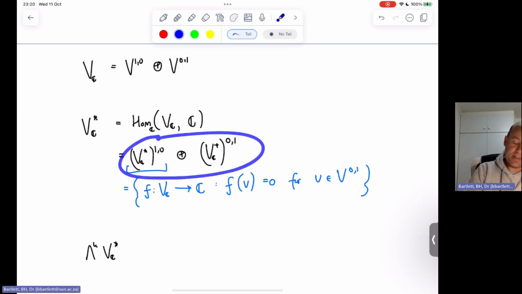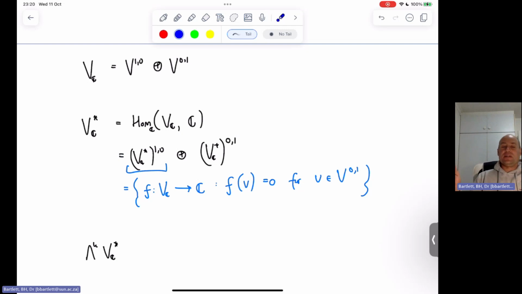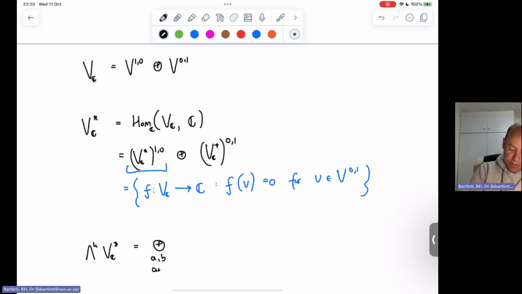If you take the kth exterior power of a direct sum, then that's going to split in the following way, as you'll agree. I'm going to split it as a sum like this. We take two indices a and b, which add up to k. And then I'm going to take the a-th exterior power of V star (1,0) tensor the b-th exterior power of V star (0,1).